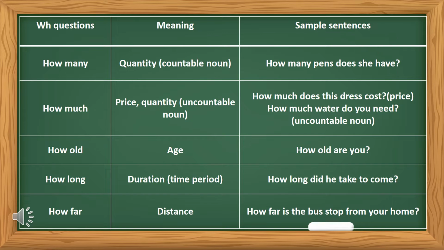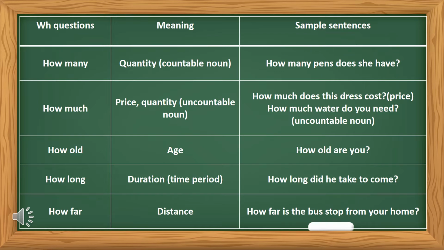That means she has 3 pens or 4 pens or 5 pens. So when we want to know about some kind of countable plural noun, we have to use how many.